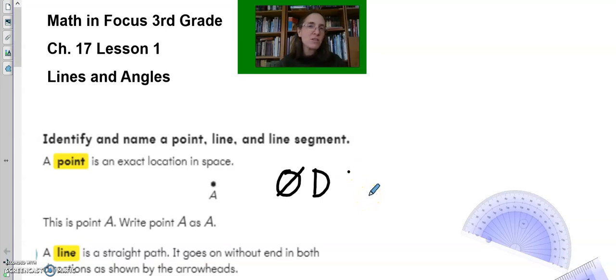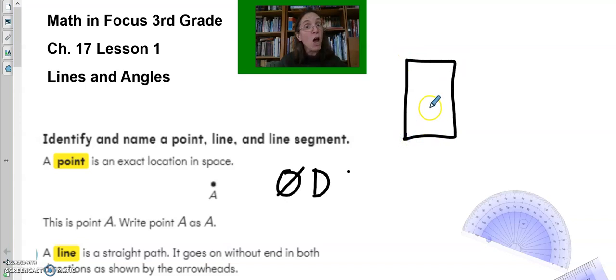Now, because points are so itty-bitty and teeny-tiny, they are named with itty-bitty, teeny-tiny names. In this case, a letter. So you can see point A here. And if this were my paper, and I were doing this for myself, on my paper, I also could create a point and name it A. What I cannot do is name any other point on this paper A. I would have to label this point B. And the reason why is that it's a different location.